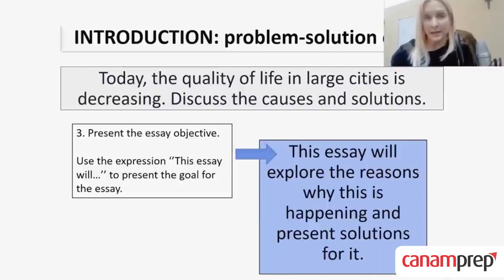So a great expression that you can use again and again is "this essay will." So I've written, "This essay will explore the reasons why this is happening and present solutions for it." Now, because this is a cause and solution essay, I want to explain that I'm going to explore the causes and then the solutions. So that's it.